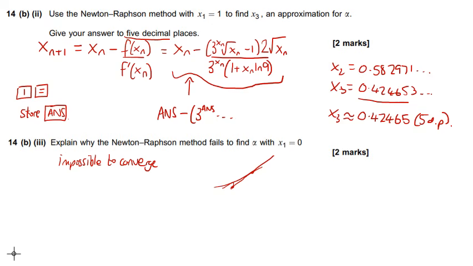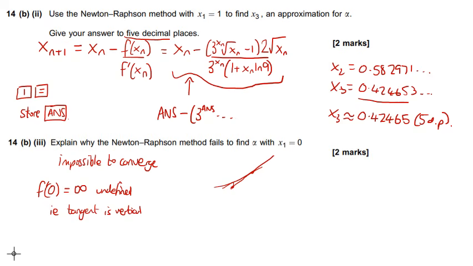What we've got here, if we put x equals 0 into the derivative, we find that that's undefined. Okay, it becomes infinite because the 2 root x that was on the bottom, that would be 2 root 0, 0. We'd be dividing by 0, so that's undefined. And what that means in terms of the gradient of that line is that that tangent line is vertical.